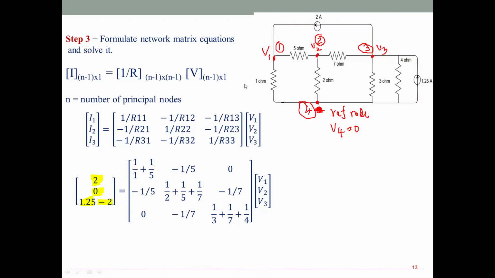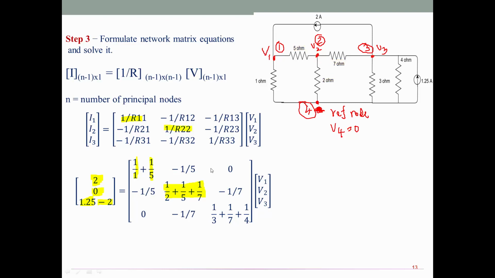Now once again go to node number 1 to fill the inverse resistance matrix. How many resistive branches are linked with this? 5 ohm and 1 ohm, 2 branches. So go for the inverse of the sum of these two values, 1 by 1 plus 1 by 5. Then moving to the second node, to fill the second diagonal element, there are 3 branches linked with this: 5 ohm, 2 ohm and 7 ohm, and go for the inverse of the sum of these 3 values.